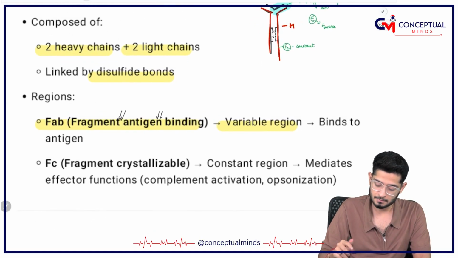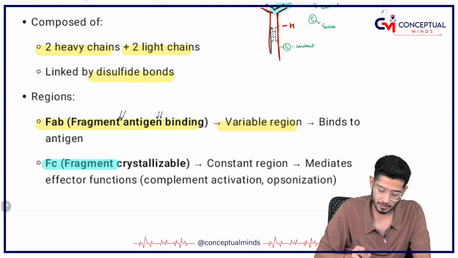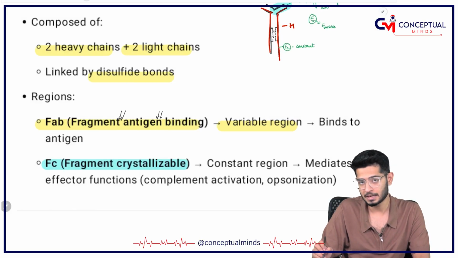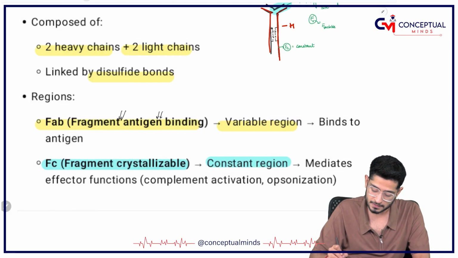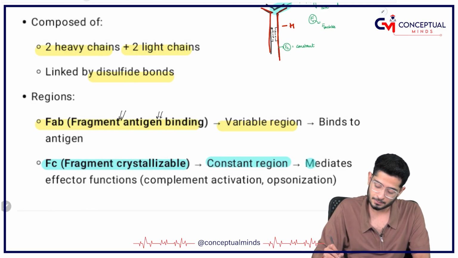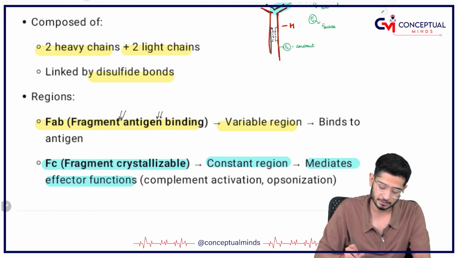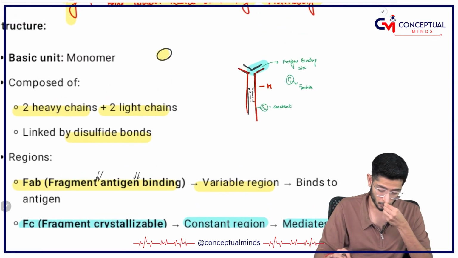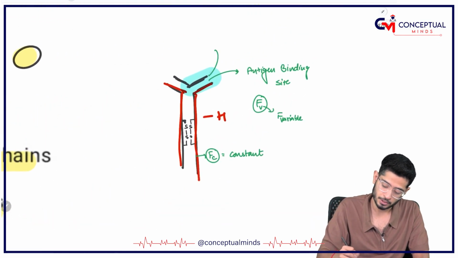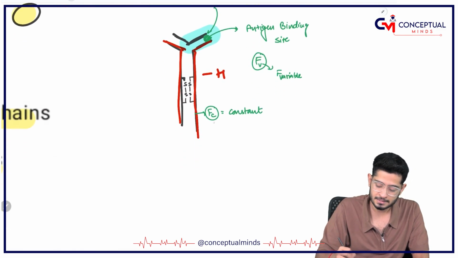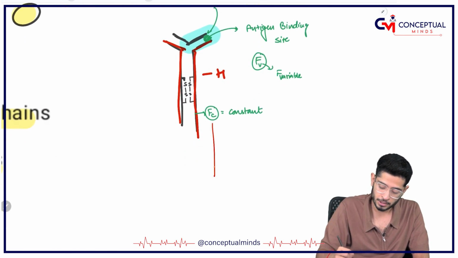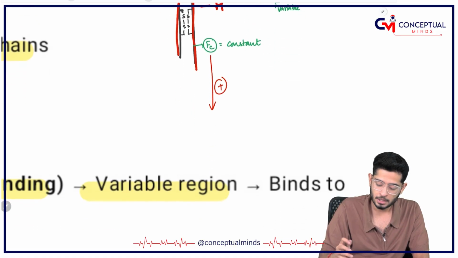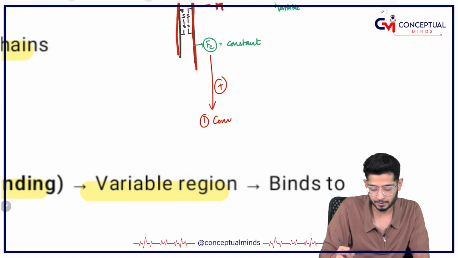All right, so see here, simple things. FAB means antigen binding, variable region, whereas FC is the crystallizable fragment, a constant region that is responsible for mediating the effector function. That means once the antigen binds here, this FC portion is going to activate different responses, like the complement system.